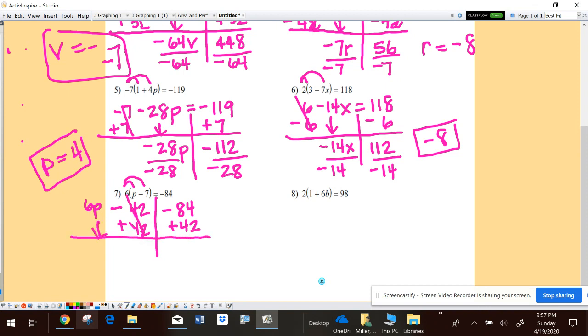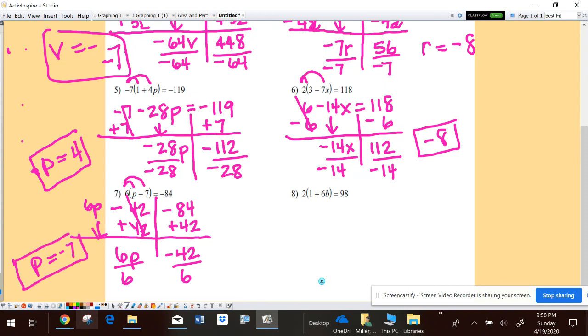I want to bring down my 6p. See if I can put that in the calculator correctly. It'll be negative 42. Divide both sides by 6. And p equals negative 7.